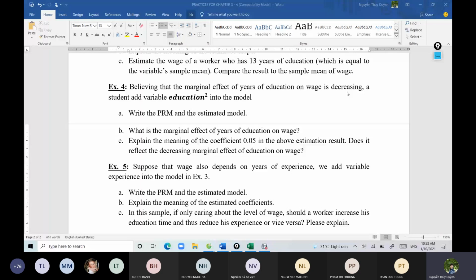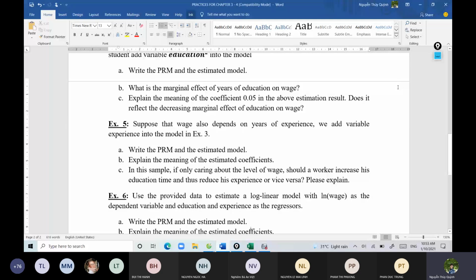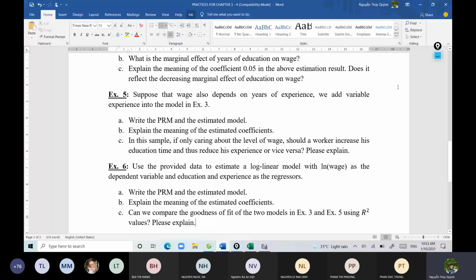Now what about exercise 5? Let's be quick. Suppose that wage also depends on years of experience. We add the variable experience into the model in exercise 3. So our model here has two independent variables, that is education and experience.